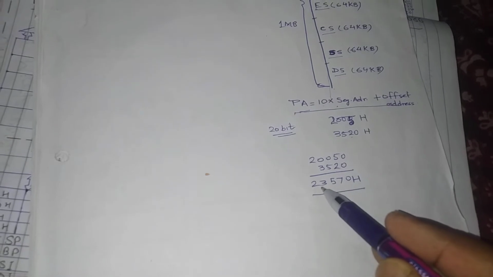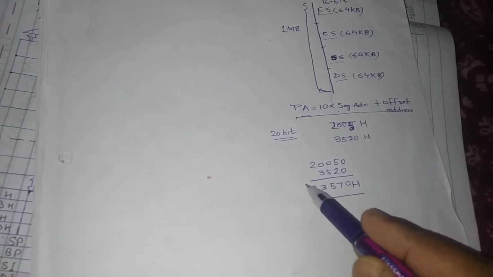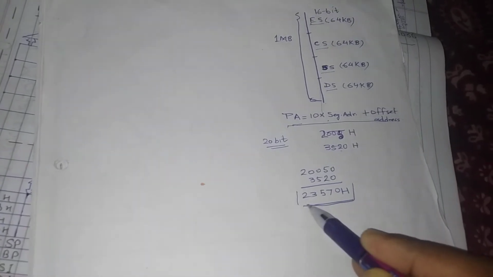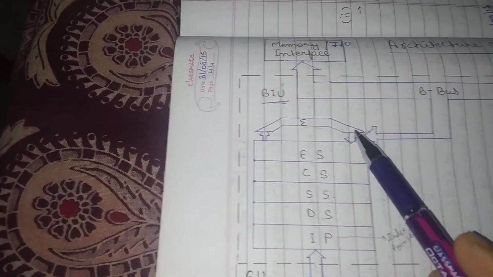In hexadecimal, 5 digits are there. Therefore, in binary, it is 20 bits. So this is a 20-bit address of your memory location. In this way, the physical address of any location can be calculated in this summer block of the 8086 architecture.